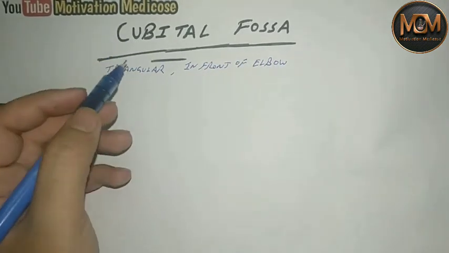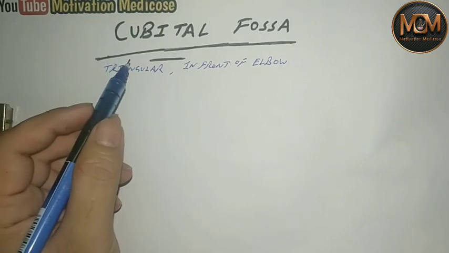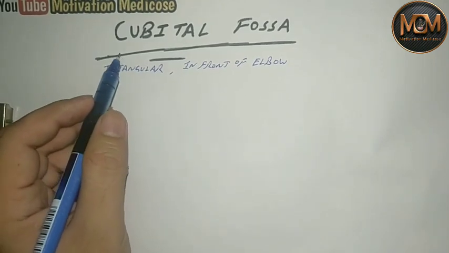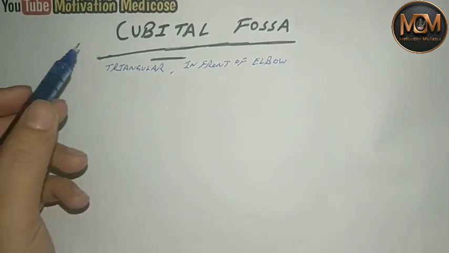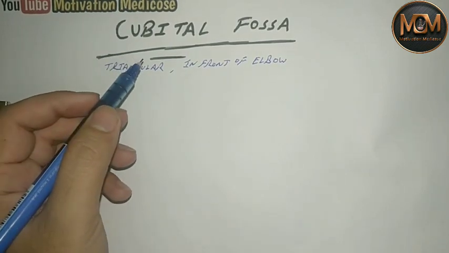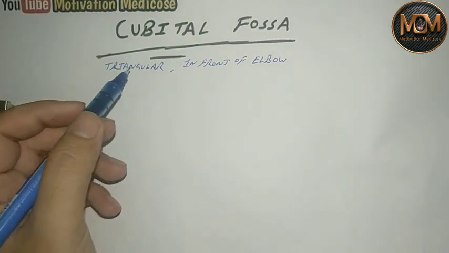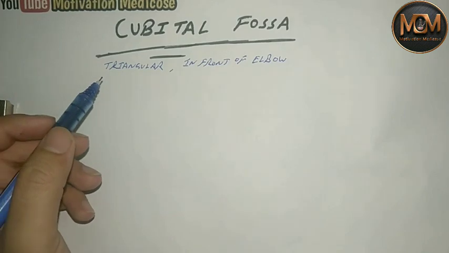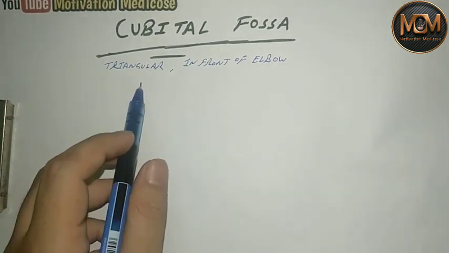Now why are we studying the cubital fossa? What is the need? Because cubital fossa contains some important structures which have clinical importance. That's why we are studying the cubital fossa.